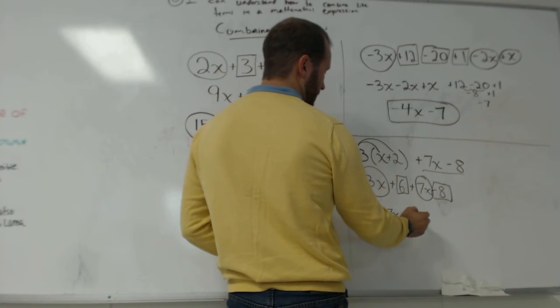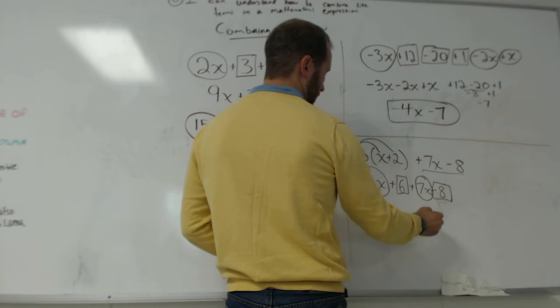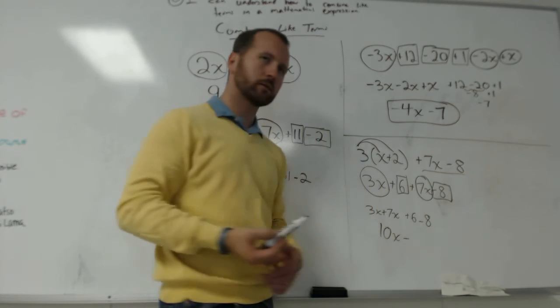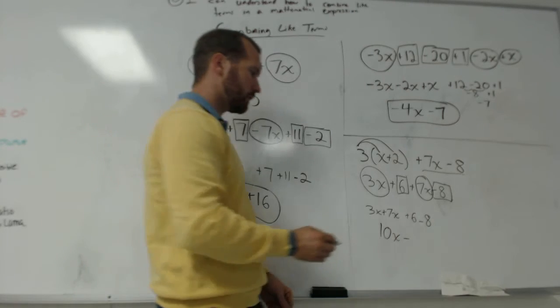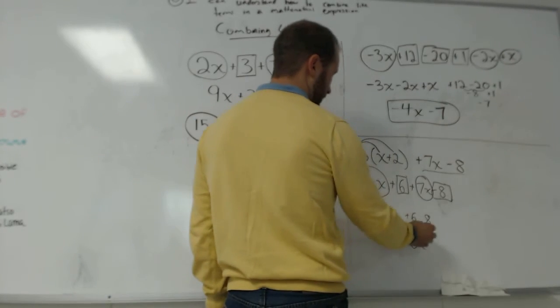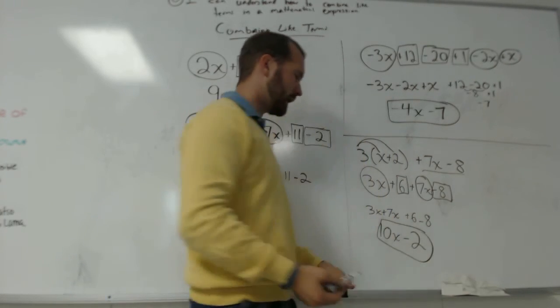And then 6 minus 8 is negative 2, or minus 2, right? So I have 10x minus 2.